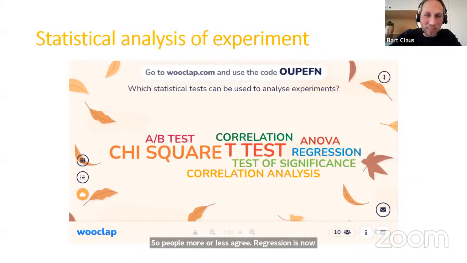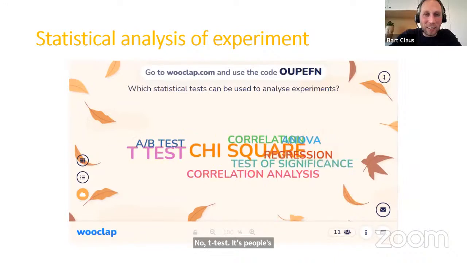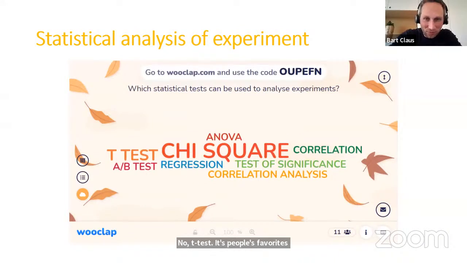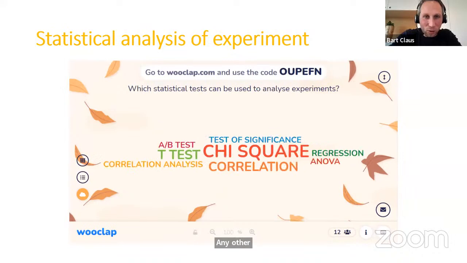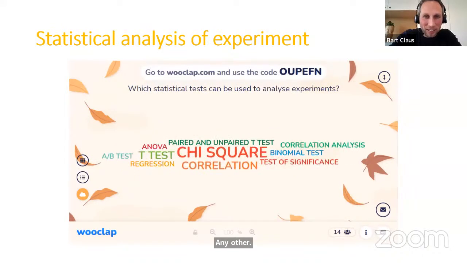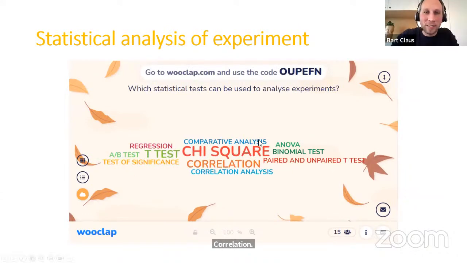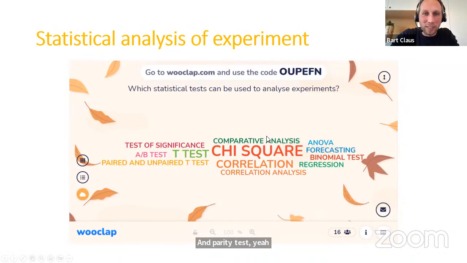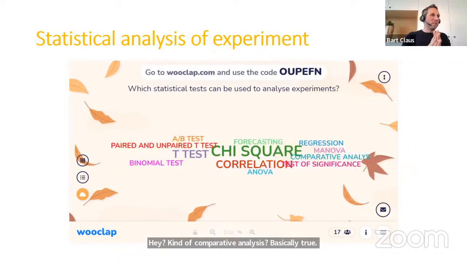No, t-test is people's favorite. Any other? Correlation. Paired and unpaired t-test, yeah. Any kind of comparative analysis, basically, true. Yeah. Okay, so it's true, right?